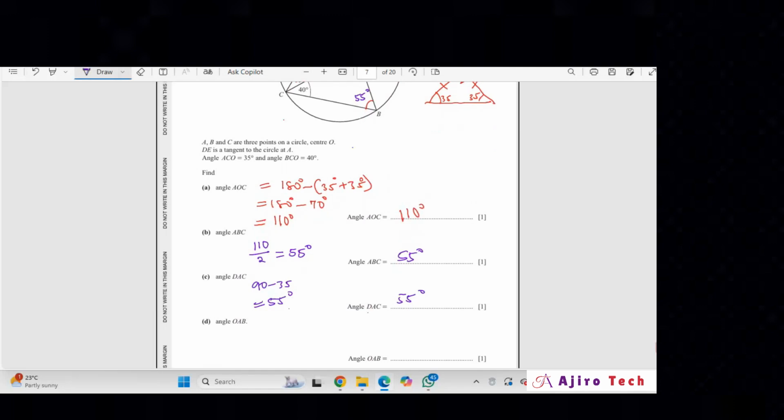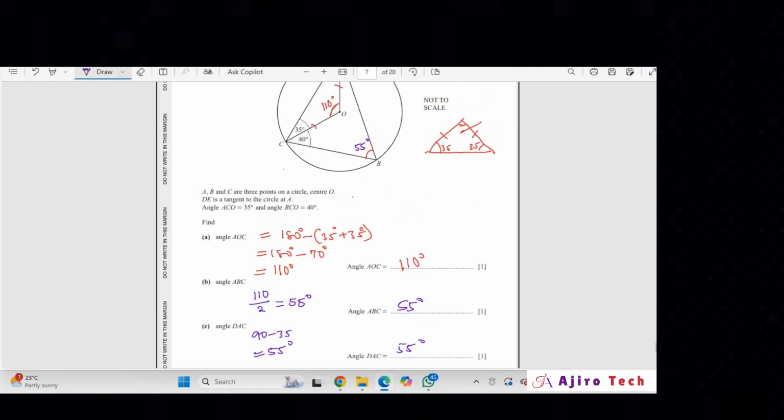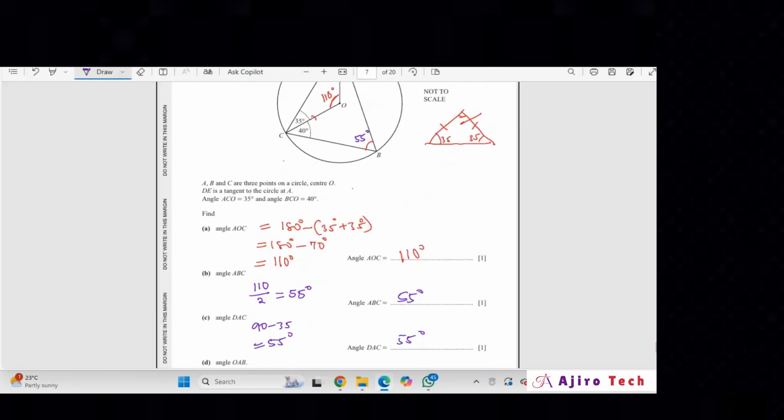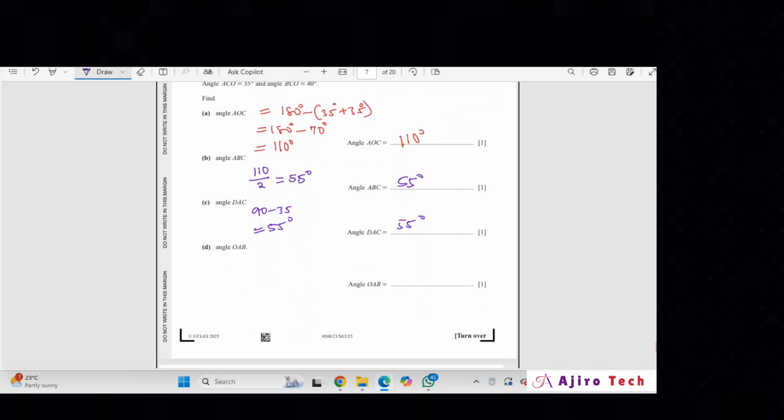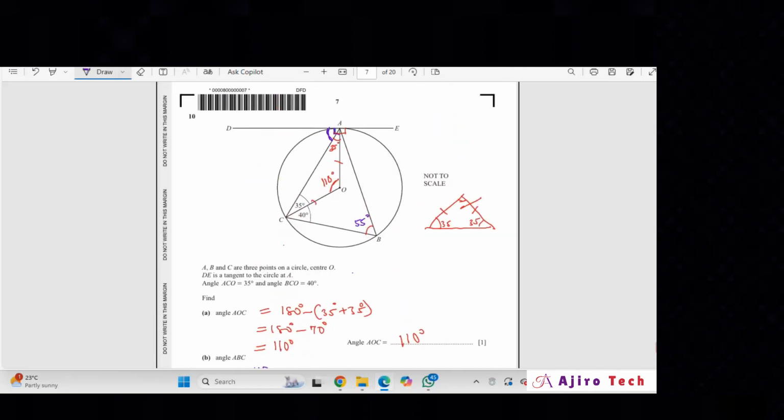The last one is what? Angle OAB. Let me check. Where is O? This is OAB. That means we're looking for this angle. This is the angle we're looking for.